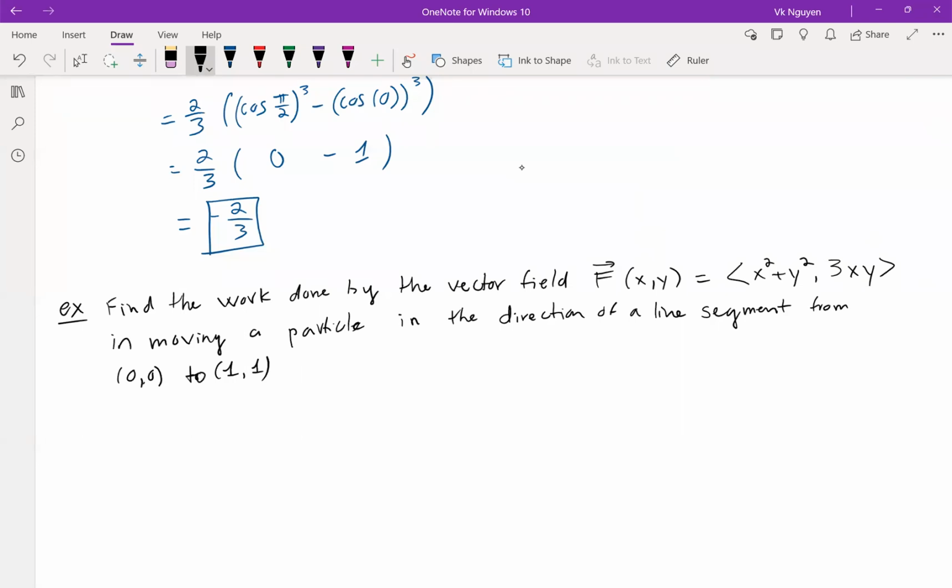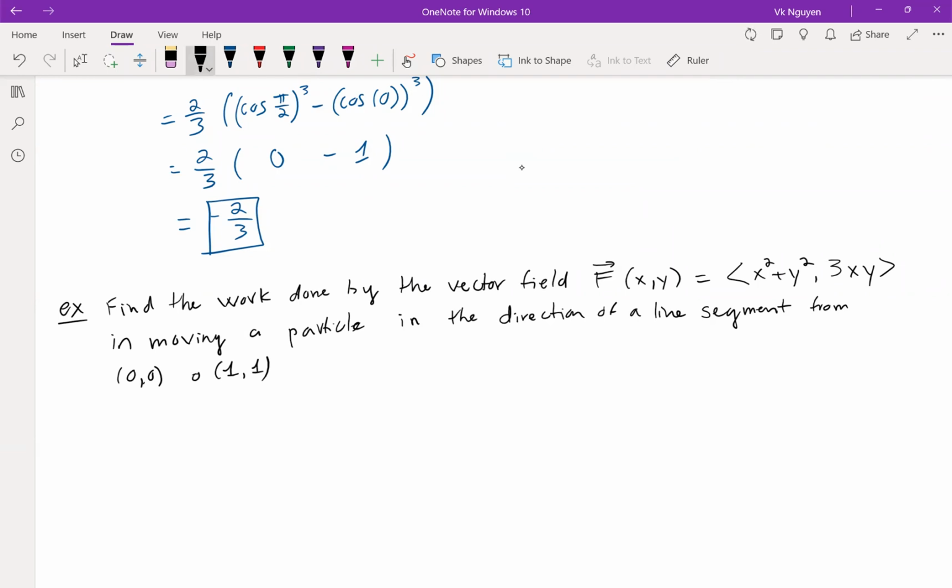The reason why I give you the vector field with only two components is because it's easier to sketch out the curve C, so you can get an idea of what is going on.